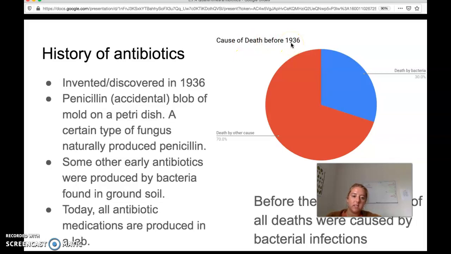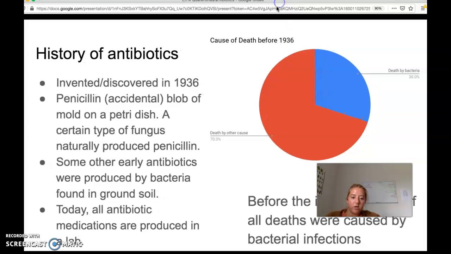Before 1936, when antibiotics were invented, 30% of deaths were caused by bacterial infections.